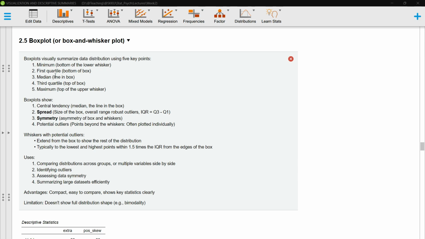The box plot uses just these 5 numbers. The minimum value is used for the bottom of the lower whisker, the first and the third quartile are the bottom and the top of the box, the median is the line in the box, and the maximum value is the top of the upper whisker.